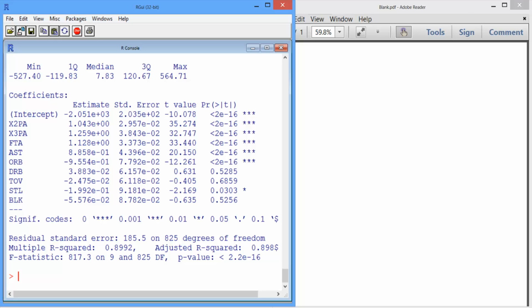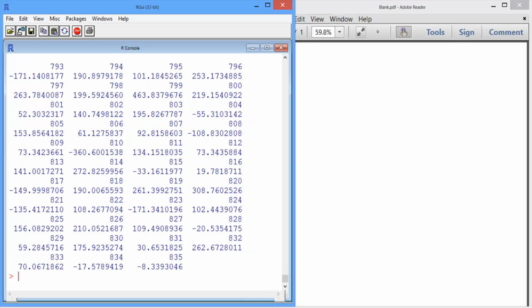Let's compute the residuals here. We can just do that by directly calling them points reg residuals. So there's the list of them. We'll use this to compute the sum of squared errors.